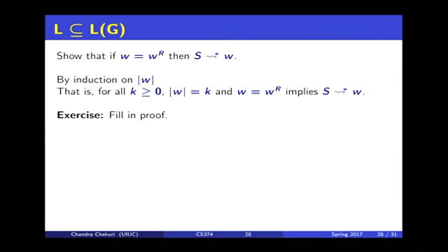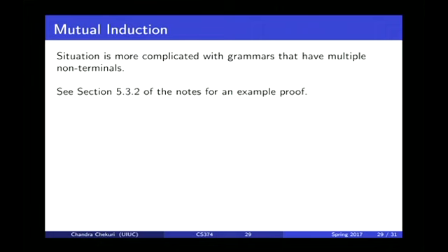Here you have to do induction on the length of the string. That's not the only way to do it, but it's the more natural thing. You're not doing the induction on the same thing in the different directions. In one, you're doing induction on the length of the string. In the other, you're doing induction on the length of the derivation. It's more complicated when you have more than one symbol.